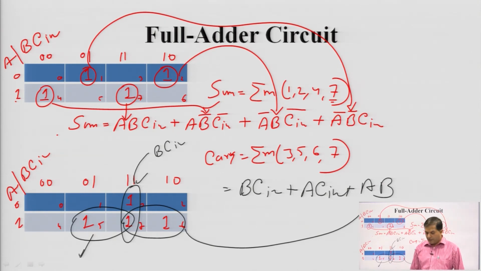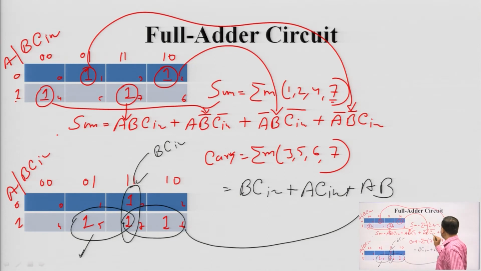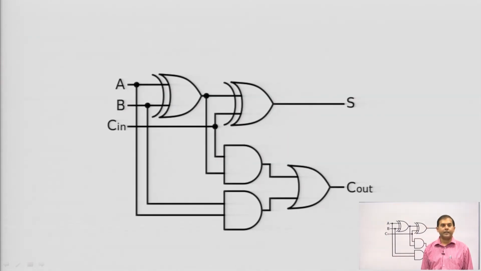Now if we solve this into a format, this is the final expression we have got for carry. If we solve it and design using logic gates, this will be the final full adder circuit. This will be for sum and this for carry.